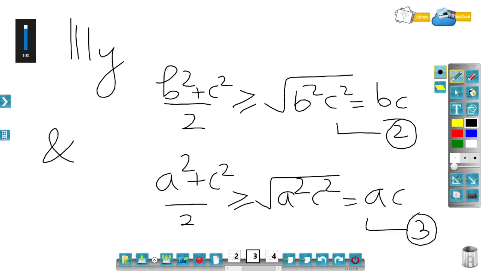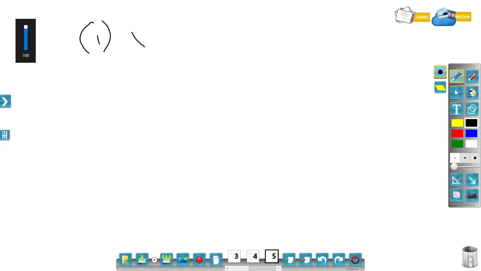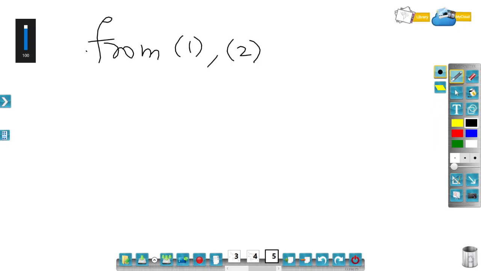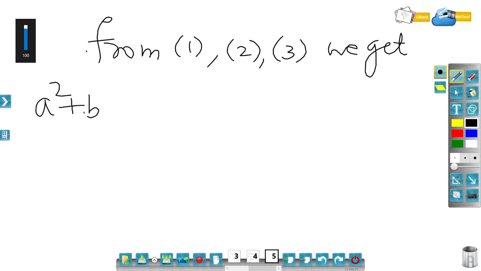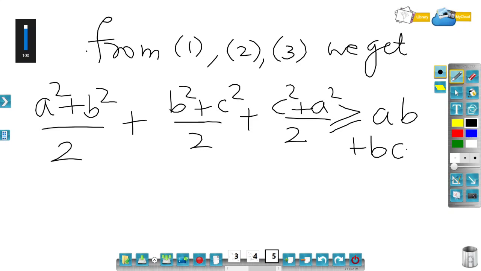This is number 3. So if I combine all these three inequalities, from 1 to 3 we get a square plus b square by 2 plus b square plus c square divided by 2 plus c square plus a square divided by 2 is greater than or equal to ab plus bc plus ca.